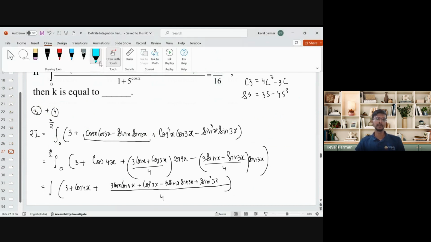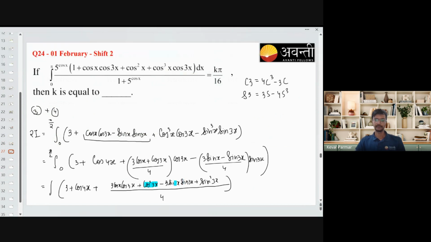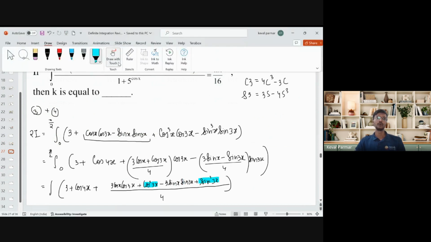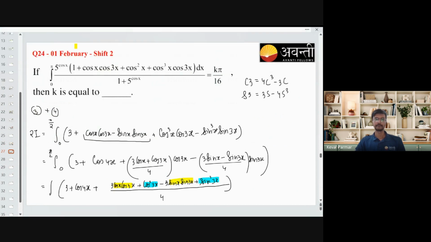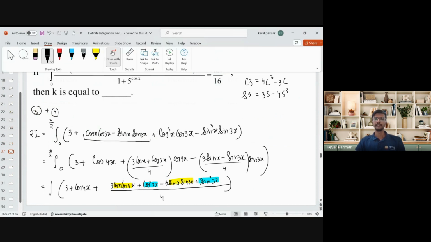So please note here, this cos square 3x and sin square 3x will become 1, and here we can again use compound angle, right?